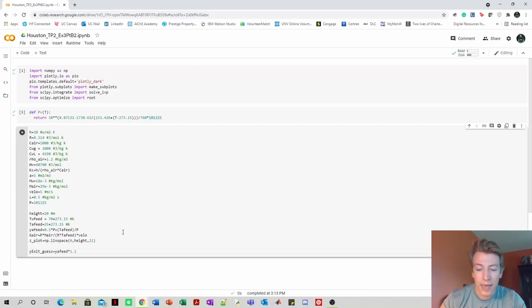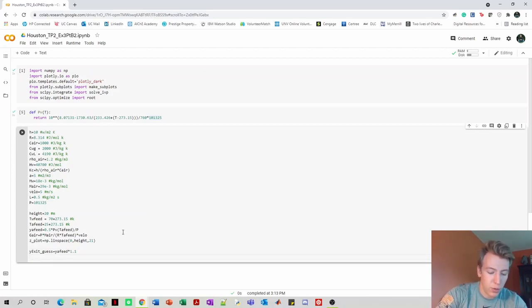just as our first guess, and then we also want to do the temperature of the gas exit guess, which is equal to the TA feed, that air temperature feed, and then once again it's going to be greater than the actual feed, so we can literally guess like 1, 2, 3, anything, but just something in the middle.